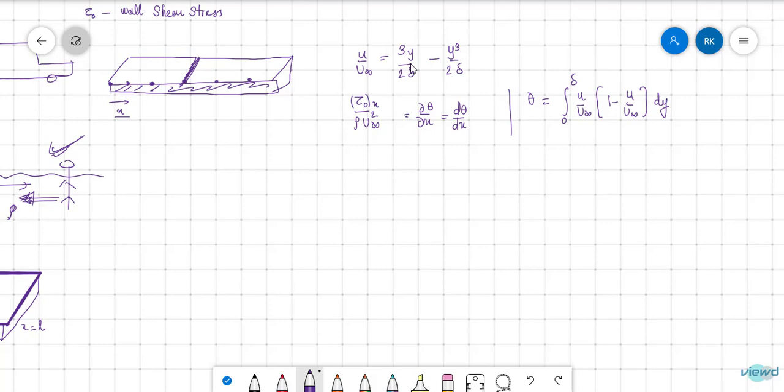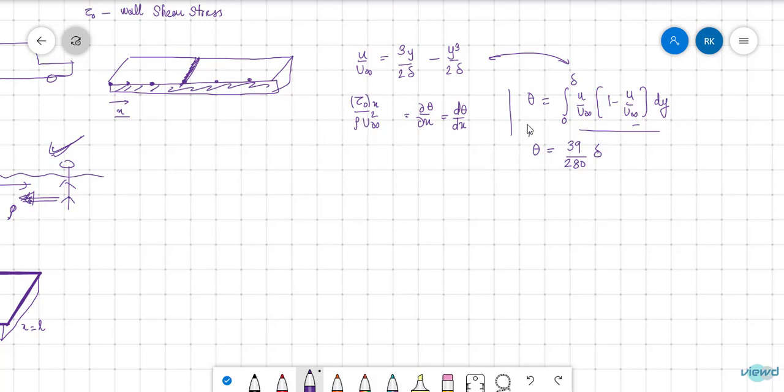Now substituting this u by u infinity, I am not deriving it totally, and it is also not important. Then theta is equal to 39 by 280 delta.